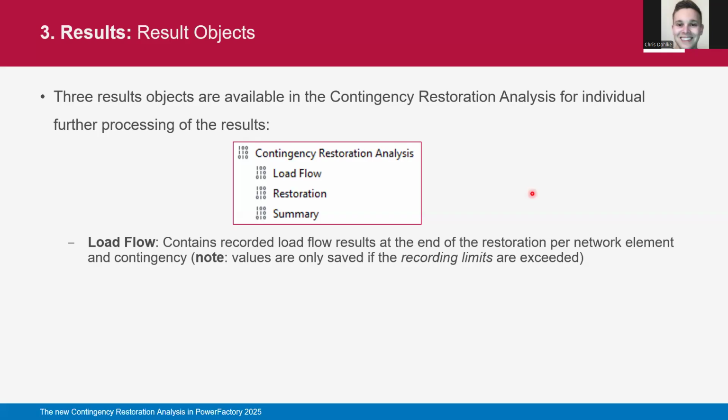So normally this will be a sparse matrix, so not every element will be filled in. But if you set the recording limits very low, of course, then it will store everything. It's just a way to keep the data usage at a minimum. This can be adjusted by the recording limits that I will show later on.